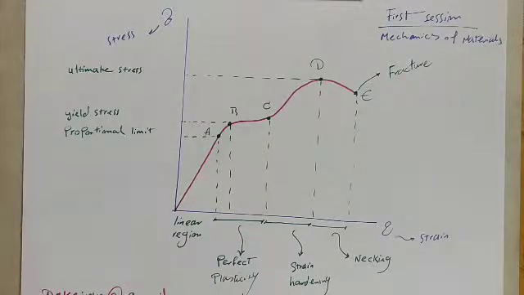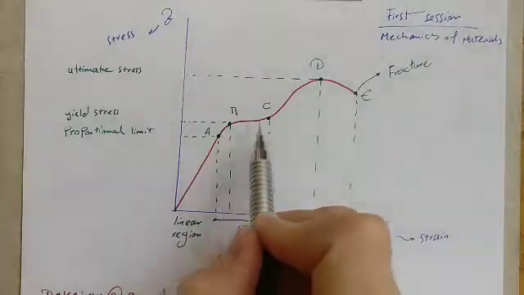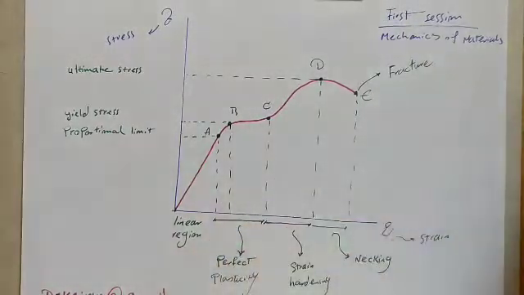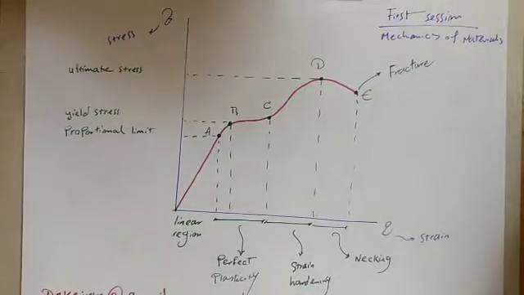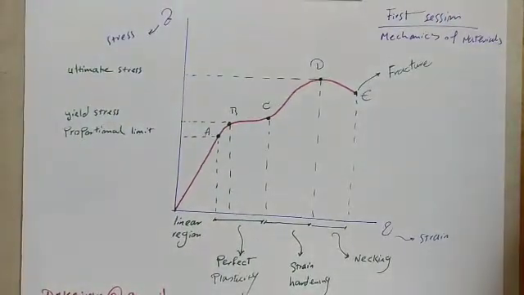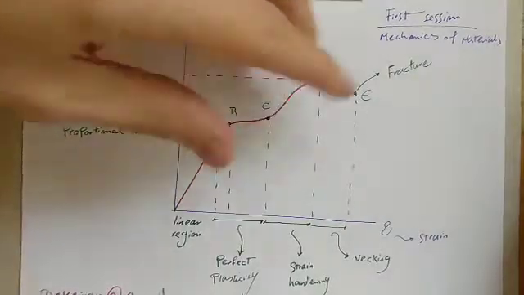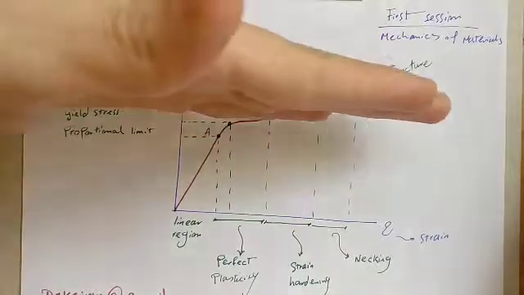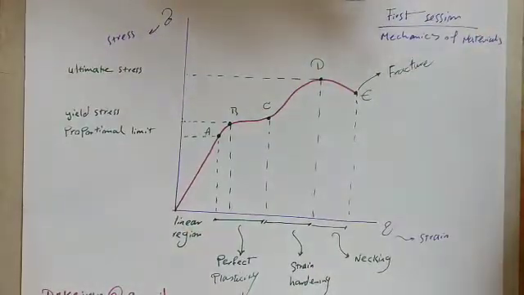Beyond this point, an increase in strain occurs without an increase in stress, because after that we have plastic deformation. Between these two points, B and C, in some steels we have a linear part without any slope, exactly at zero degrees.